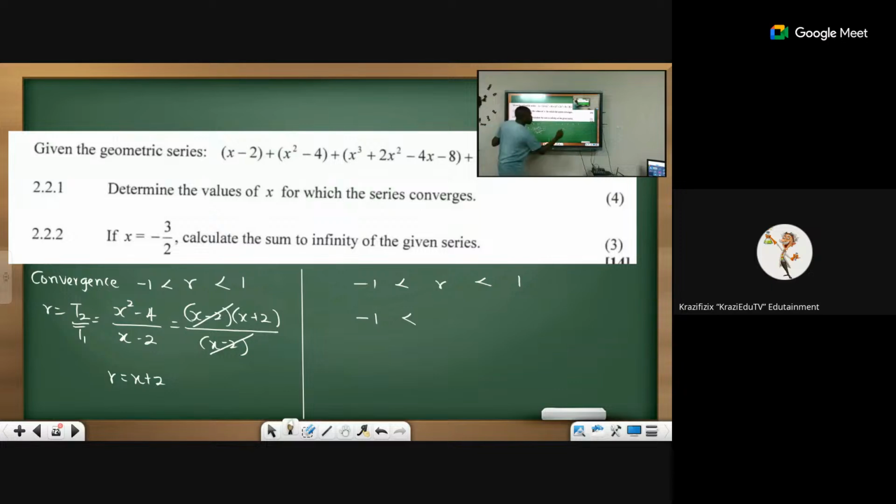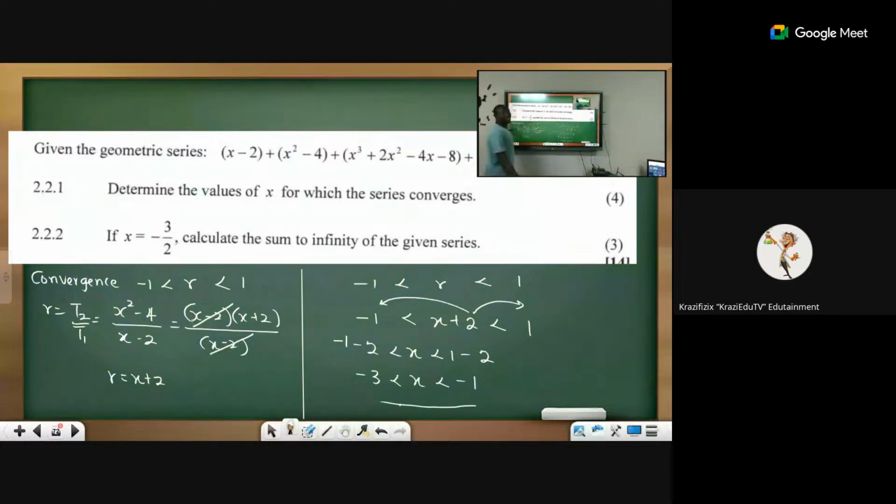x plus 2. Make sense? Yeah. What do we do? Subtract 2 from every part, just move 2 to this side, also move 2 to this side. So negative, grade 8, you remember that stuff. So what's your answer? Negative 3 less than x less than what? Negative 1.